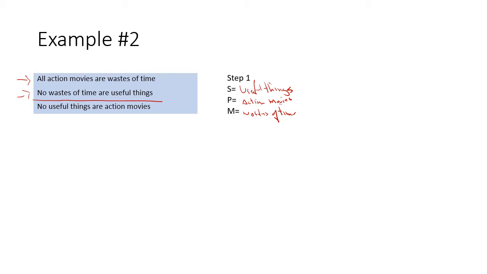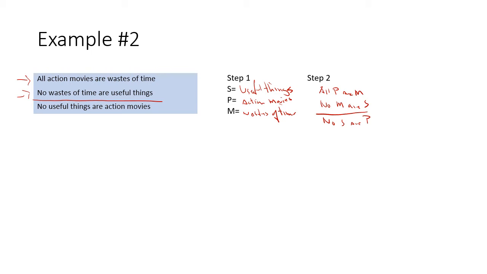So that's the first step. The second step is to rewrite everything with your S, P, and M. So premise one becomes All P are M. Premise two becomes No M are S. And the conclusion is No S are P. So we always do that.